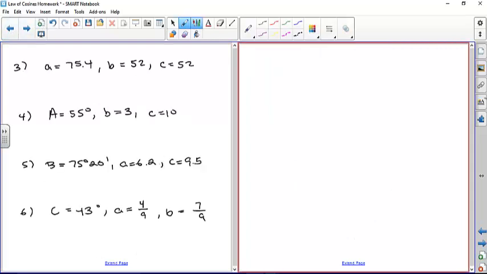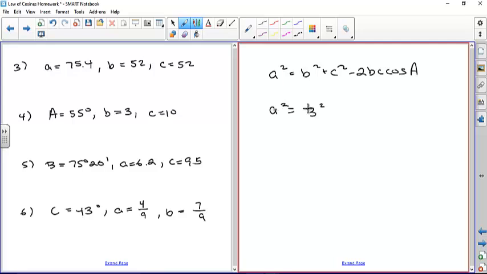Okay, now the next one, what we want to do is find side A, because if we write this form of law of cosines, we get a squared is equal to b squared plus c squared minus 2bc times the cosine of A. So we know everything on the right hand side. So let's plug that in there.